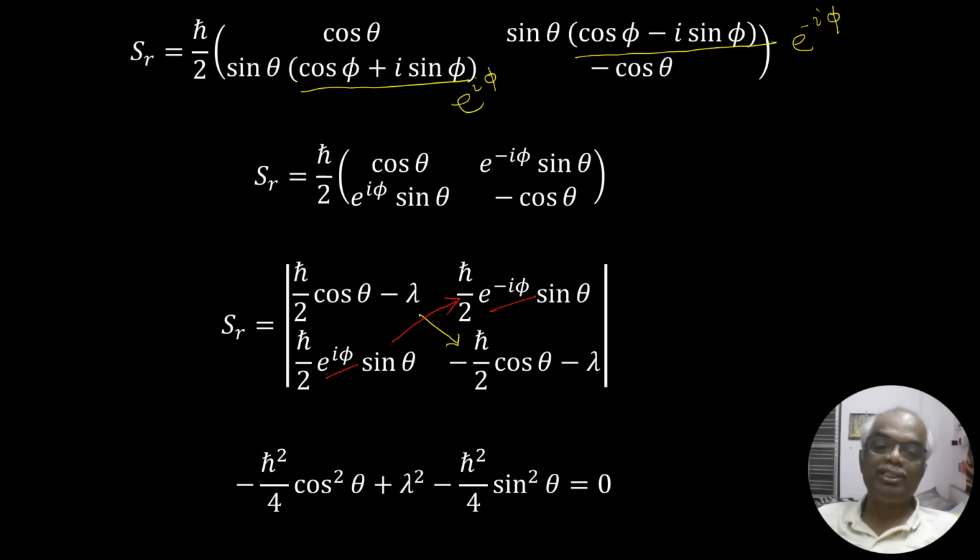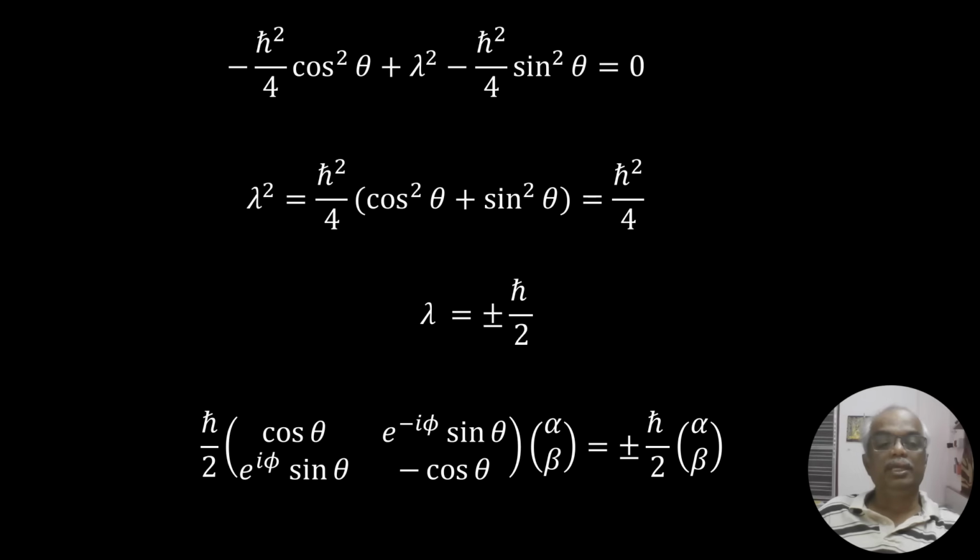Then we will solve this. Here we got this expression. You bring the first term and last term to the right hand side, so the minus will become plus, and on the left hand side you are left with λ². On the right hand side you have ħ²/4 in both terms, and you can take ħ²/4 outside.